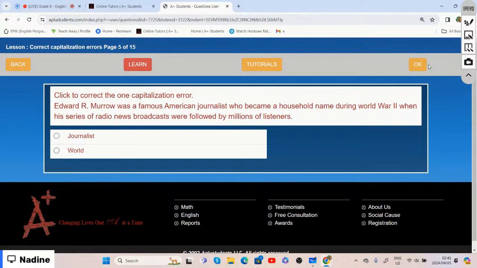So now we need to correct only one capitalization error. It says Edward R. Murrow was a famous American journalist who became a household name during World War II when a series of radio news broadcasts were followed by millions of listeners.